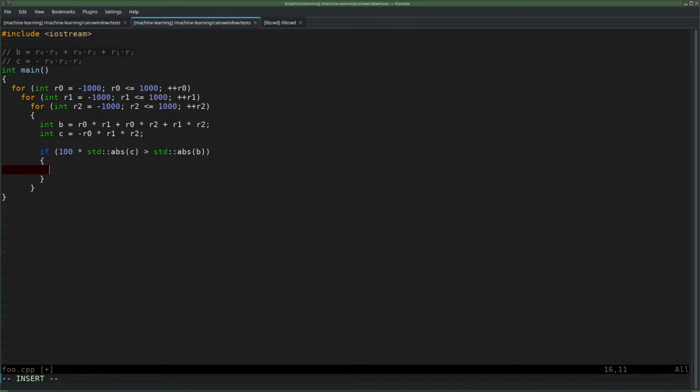And then I still want to know all the cases where the absolute value of R0 is much less than the absolute value of R1.